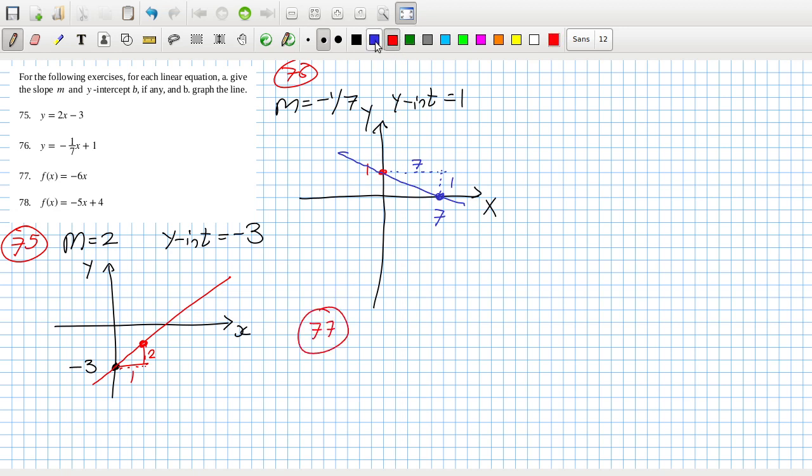77. Well, the slope is -6 and the y-intercept is 0. So it passes through the origin. And it's going down -6.